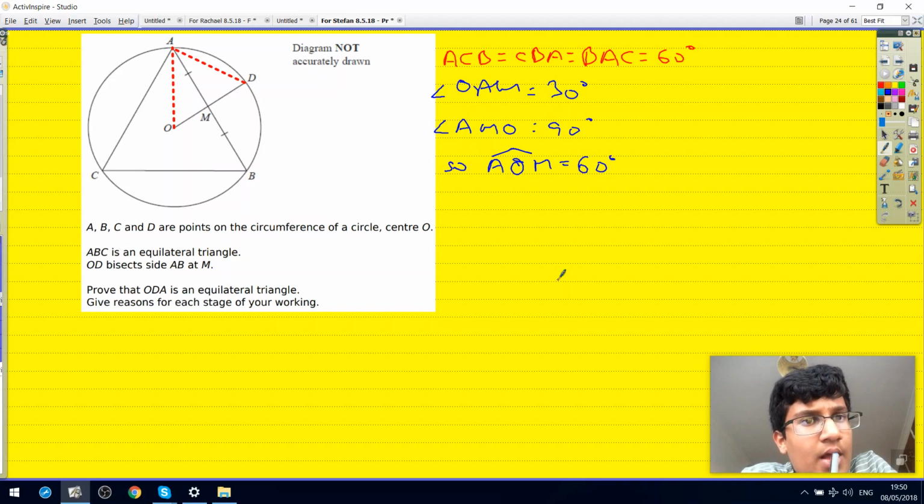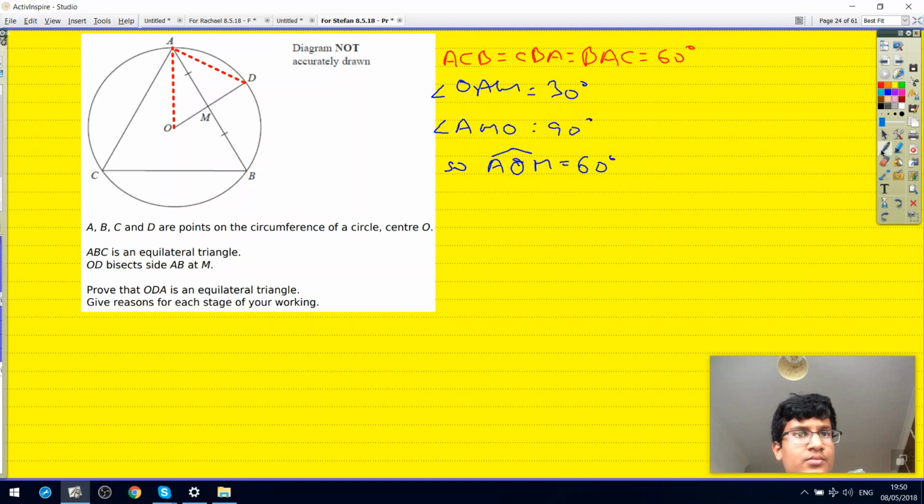So why is OAD 60, or why is OAM 30? I don't think so, because you kind of just said the same thing twice in two different ways.